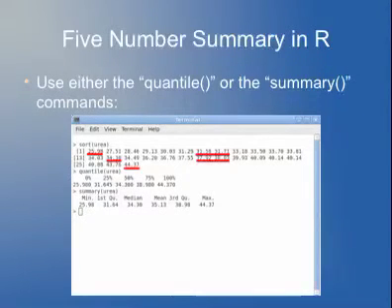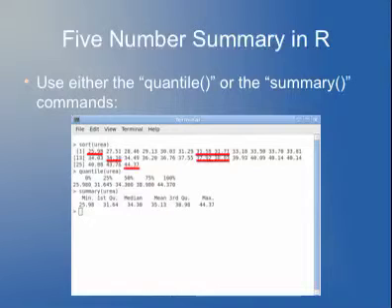So in R, there's multiple ways to find quantiles. You can use the quantile command. Here we use quantile urea, which is the column name, and it spits out the minimum, which is the 0%, the 25th, the median, 75th, and the maximum. You can see that this is the same function we used on the previous slide, but here we don't specify which quantile we want, so it just spits out all those 5 values.